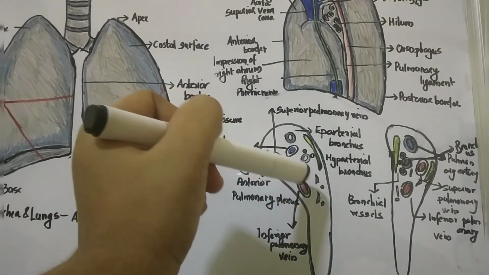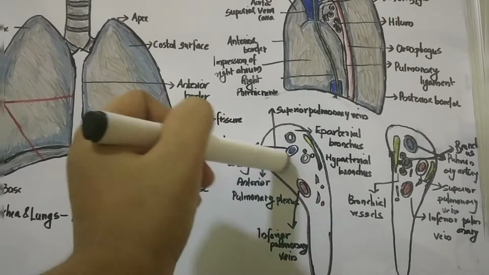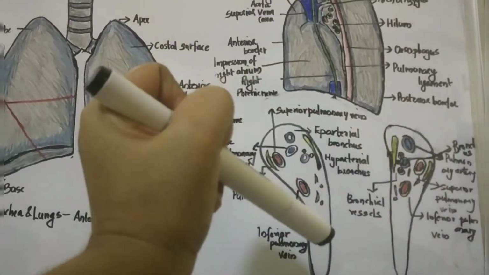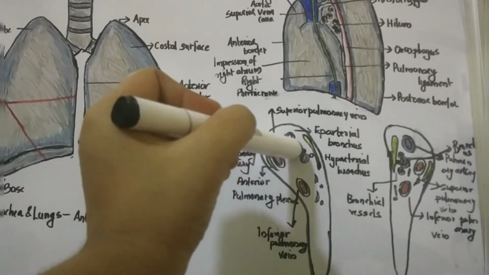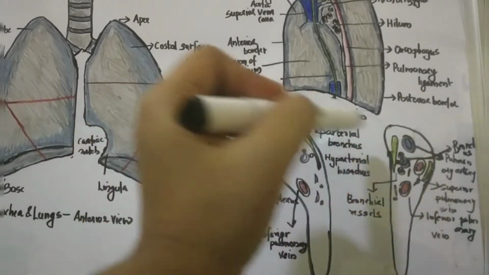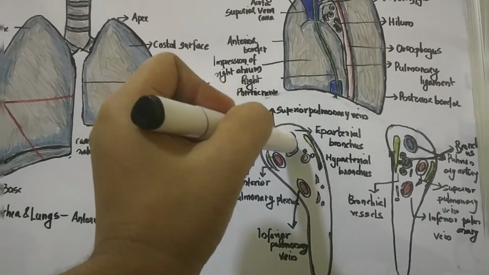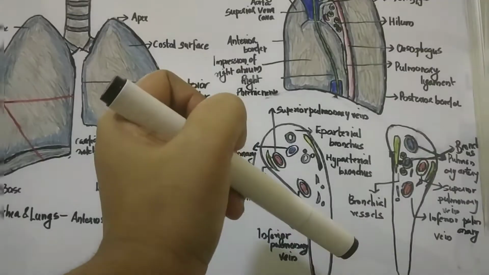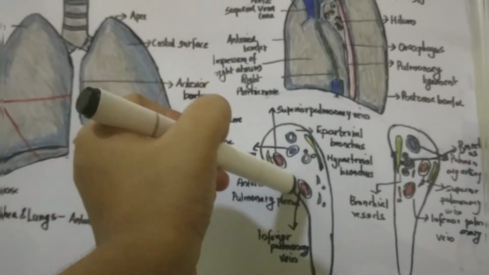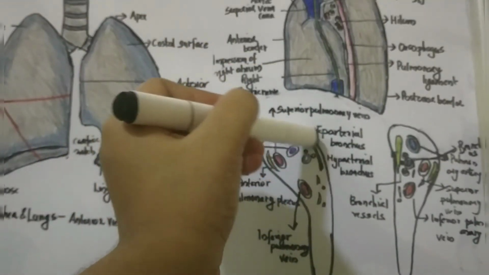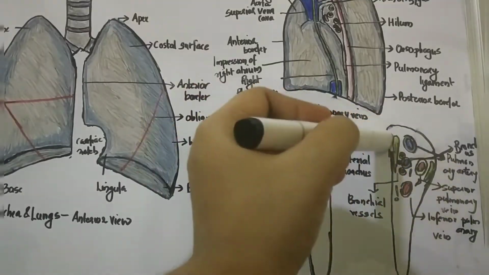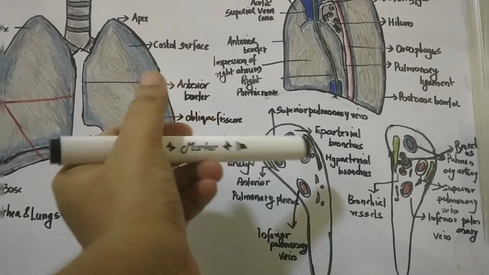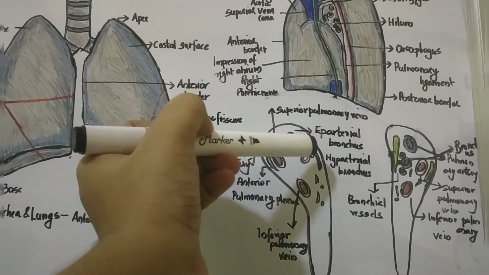And you can see the superior and inferior pulmonary vein. That is common in both right and left lungs. And this is the right and left pulmonary artery, one pulmonary artery each. And the anterior pulmonary plexus and posterior pulmonary plexus, that is also common in right and left lung. And you have the bronchial artery.